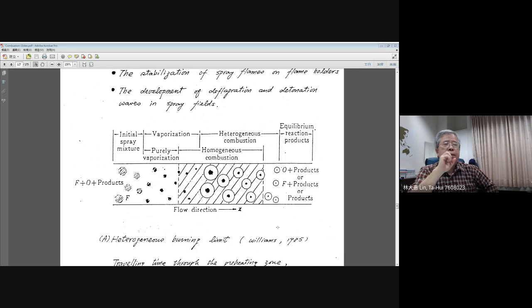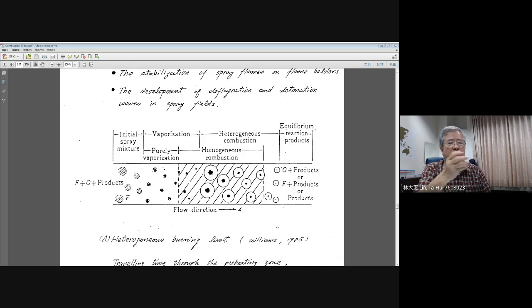Okay, now the criterion is: do we have individual droplet burning after or inside the premix flame? The determination of this criterion basically comes from whether there is a limit for the evaporation of the droplets.